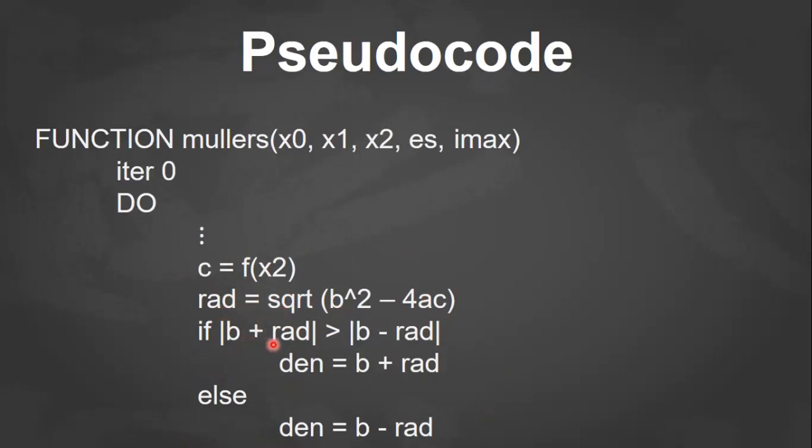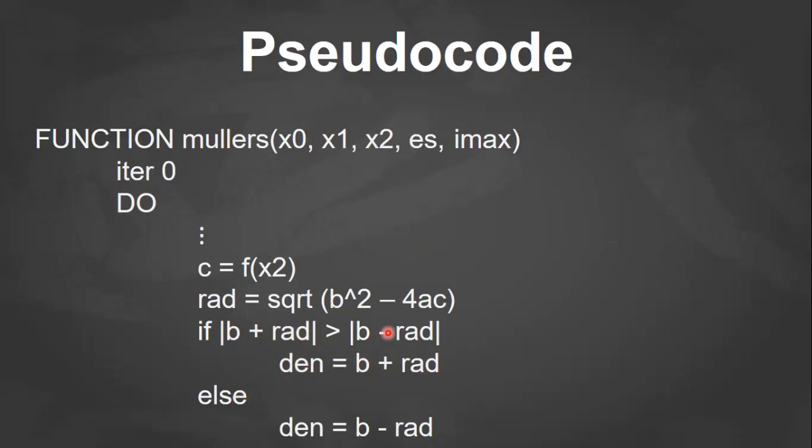Then, di ba, ang atong pilion katong sign ni b, kay kung sa sign ni b, naa pud dito either addition or subtraction. Kay gusto nato dako ang denominator, which means ang mas dako ang atong pilion. So kung mas dako si b plus rad, then our denominator will be b plus rad.